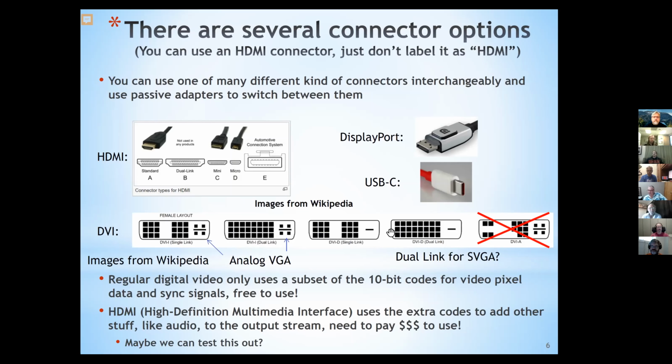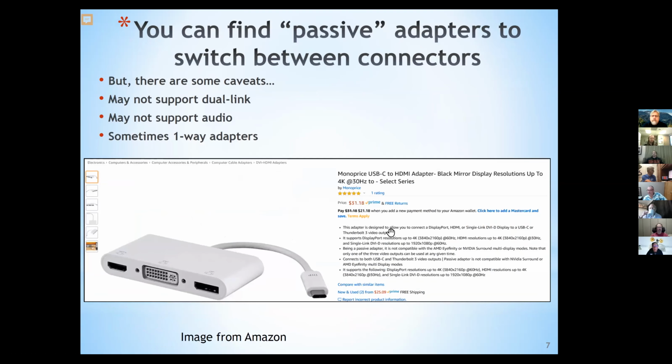But HDMI is really kind of proprietary. You have to pay to use it. You can't put the HDMI logo on your stuff. I think that's why the Parallax thing says digital video output and not HDMI. But it'd be nice to play around with it if we could figure out how to do that. For hobbyists, you can probably get away with not paying anything to do it.